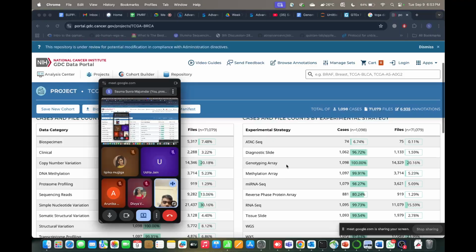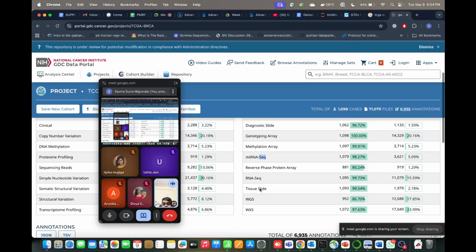So on the right hand side, you see you have ATAC-seq for around 1,000 cases. Not 1,000. So you have ATAC-seq for around 74, but the total number of cases is 1,000. You have diagnostic slides, so they do kind of biopsy reports and those kind of things. Genotyping arrays. So basically you genotype the SNPs that are present. You do methylation status, you do miRNA-seq.